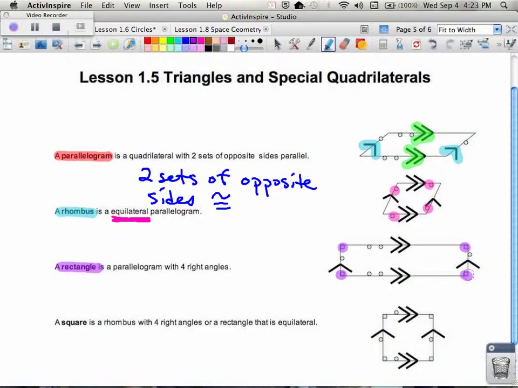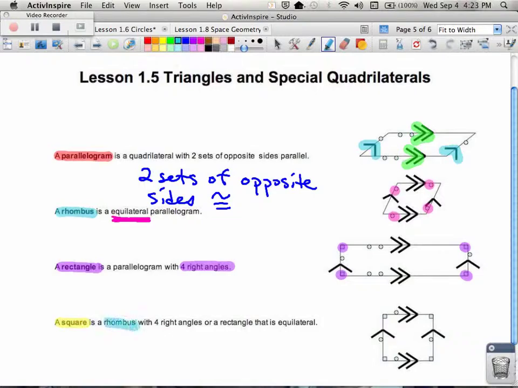In other words, it has all of the characteristics that a parallelogram has. Opposite sides are parallel, opposite sides are congruent, but it also has four right angles. So that's really important.